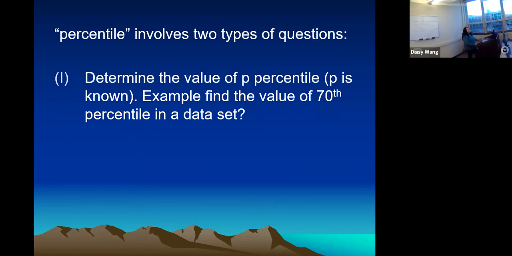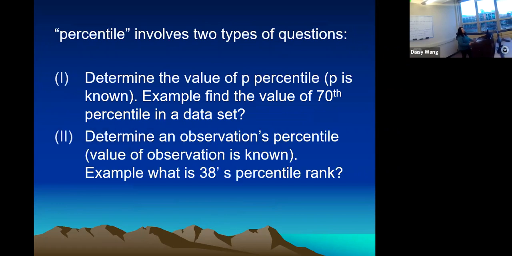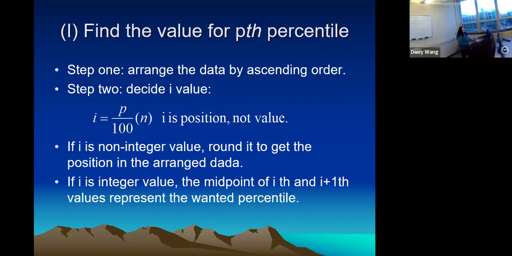So find the value of the 70th percentile in this data set. So we will look at it and then determine the observation percentile. So the formula is this.